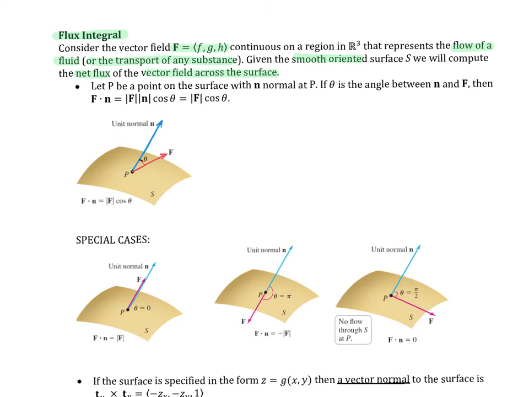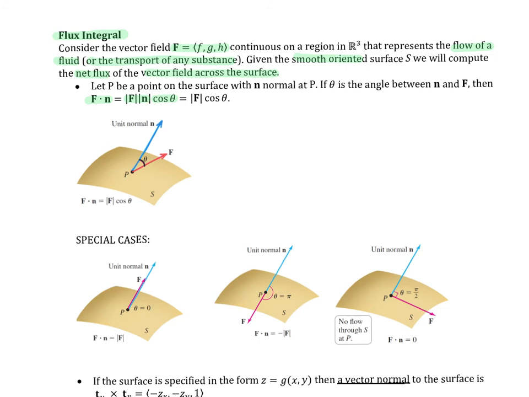Theta is just going to be the angle between a vector from your vector field F and the normal vector at that point. Going back to the definition of the dot product, whenever you dot your vector F with a normal vector, it's just the product of their magnitudes times cosine of theta, where theta is the angle between them. So that corresponds to the diagram.